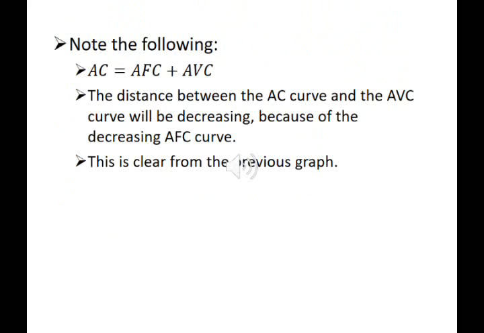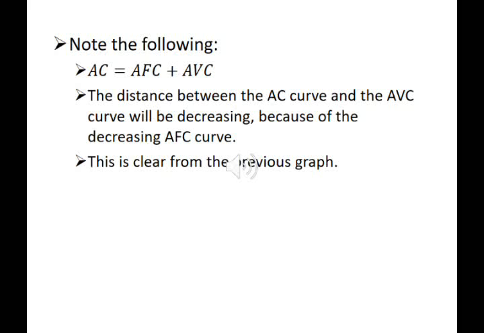There is a very important thing that you need to take note of on the relationship between the average cost and its components, average fixed cost and average variable cost. We agreed that average cost is equal to average fixed cost plus average variable cost. This means that the distance between the average cost curve and the average variable cost curve represents the average fixed cost.